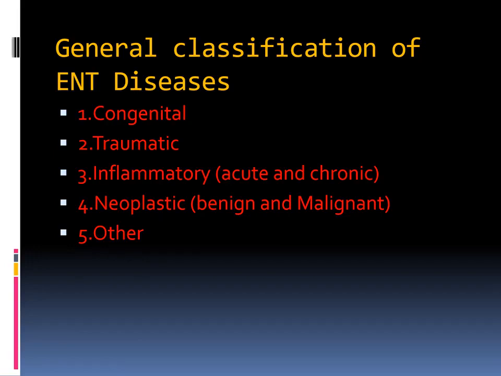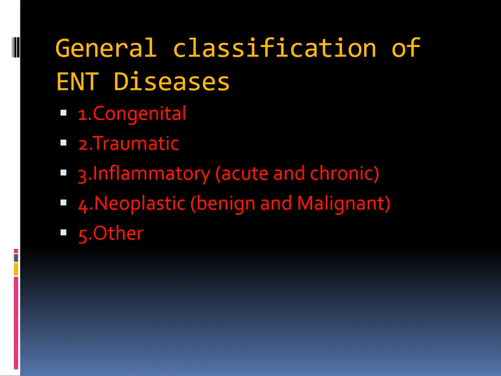So in symptomatology, when you get asked about anything, like maybe in our department, what causes nasal obstruction, for example, you have to think: it may be congenital, like 1, 2, 3, 4.